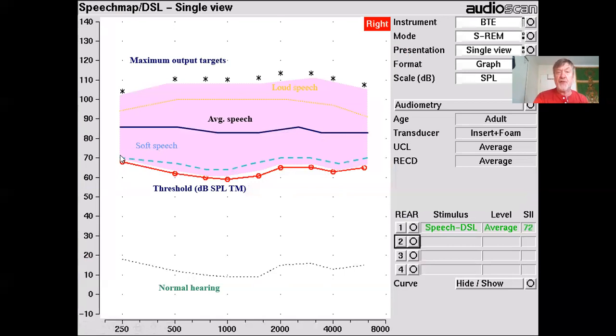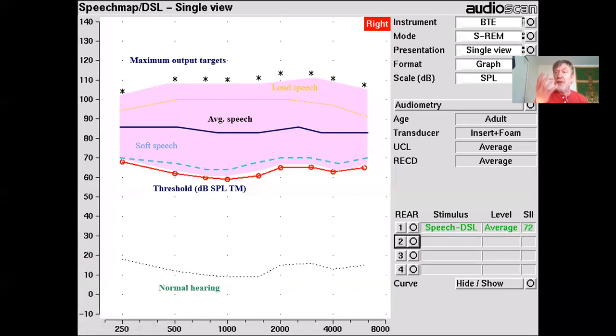Because look at the distance between the threshold at 70 and the minimal audible pressure at 20. That's 50. Look at the threshold here at 500 versus the threshold here. And you take the difference, it's 50. Look at 1,000 hertz. Here's the threshold here, 60 minus about 10, 50. So the difference between the red line thresholds and minimal audible pressure at the bottom is 50.